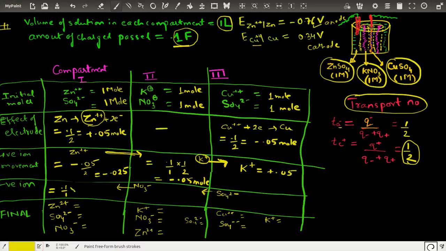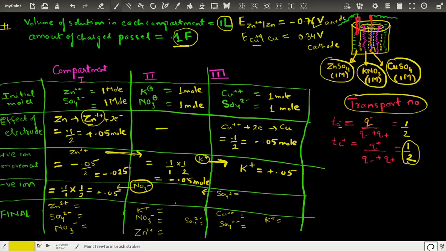This is equivalence. We can also say this to be moles, because it is -1 charge into the transport number. Remember, only half of it is conducted by anions and the rest half by the cations. So when we ask how much NO3 has come from compartment 2 to compartment 1, it would be an addition of 0.05 moles.